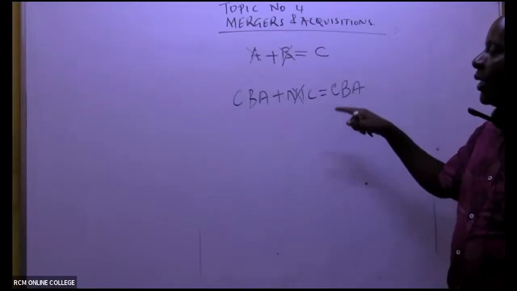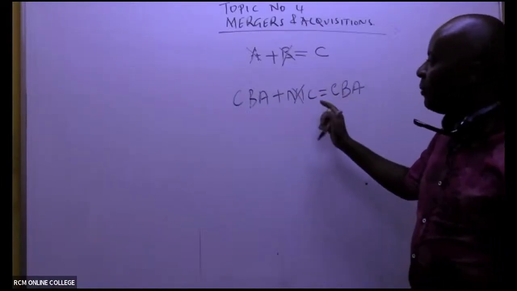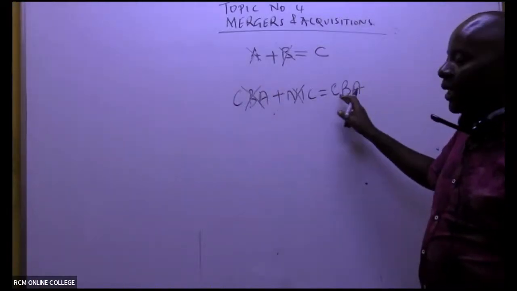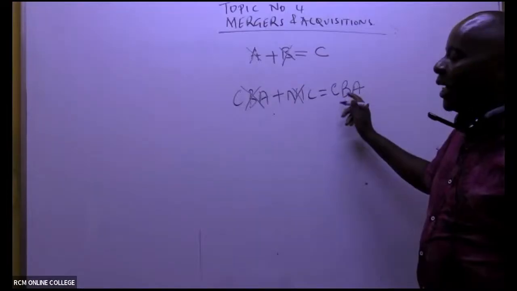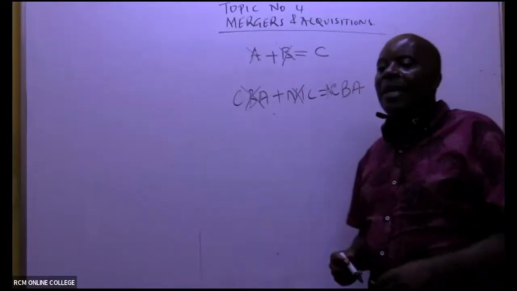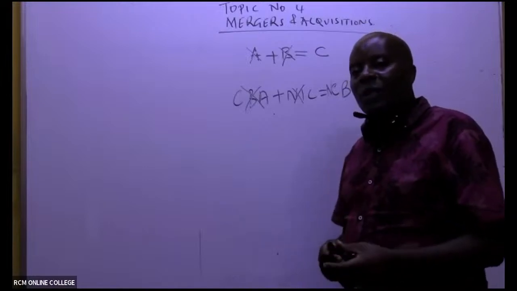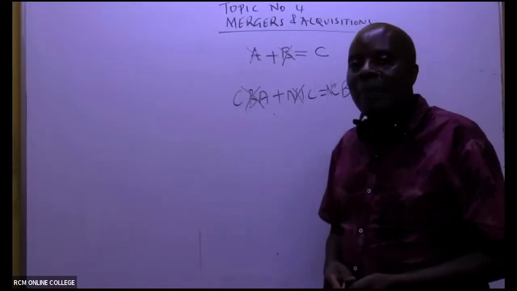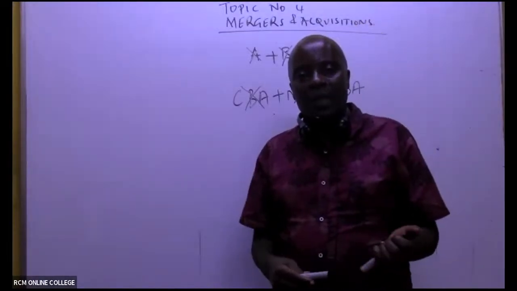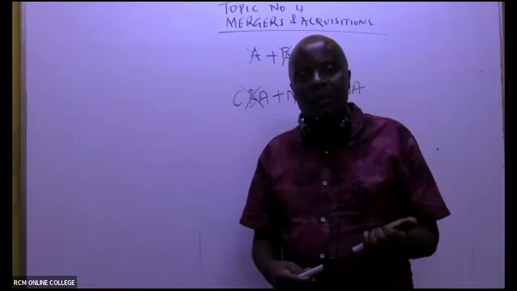No. We had the CBA and the NIC, both of them disappeared, giving us what is the new name? NCBA. We got a new name, NCBA. So this automatically becomes a merger.